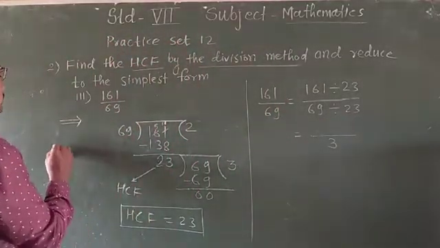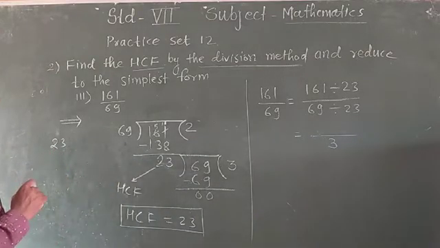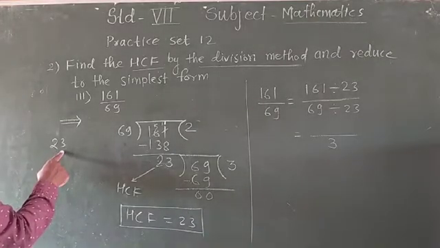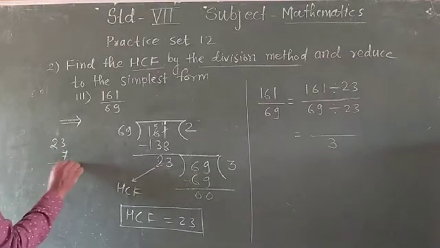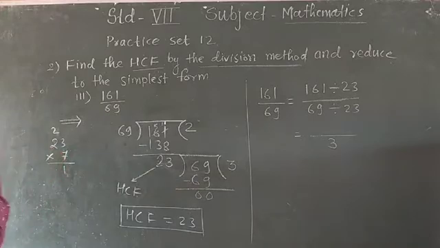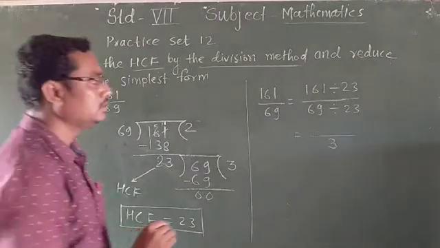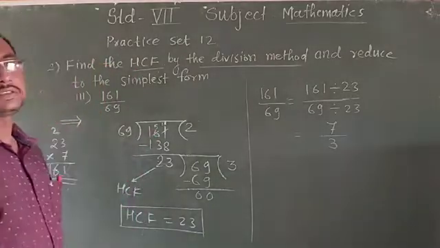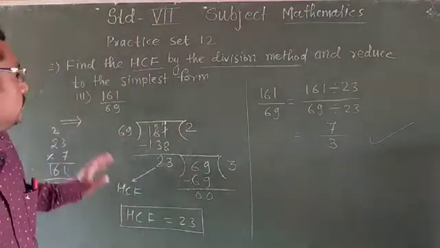And 161 divided by 23: 7 3 जा 21, carry 2, 7 2 जा 14 plus 2 is 16, means 161 we got, means 23 7 जा 161. So this is the simplest form. This is the simplest form of the given number.